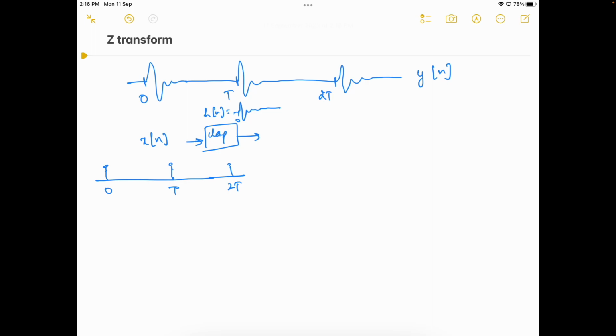Now let's say you want to make clap, clap, thuk, clap, clap, thuk. What will you do? You could pass these through filters in series, and for x of n we can pass two times the h and then some other waveform. But how will you change h?